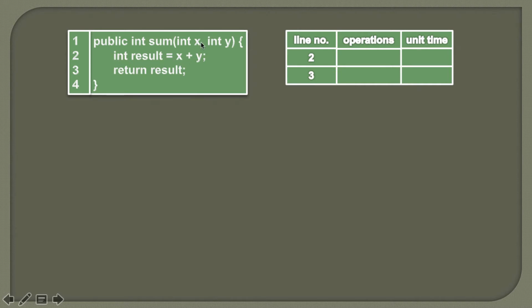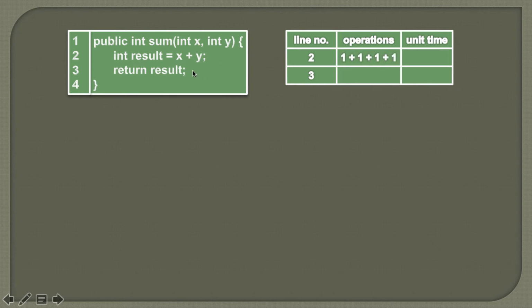So if we apply the rules which we discussed in our previous video, first we are accessing x, so it will be one operation. Then we are accessing y, so it will be the other operation. Then we are doing the sum of it, so this will be one more operation. And then we are assigning it to the result, so this will be one more operation.